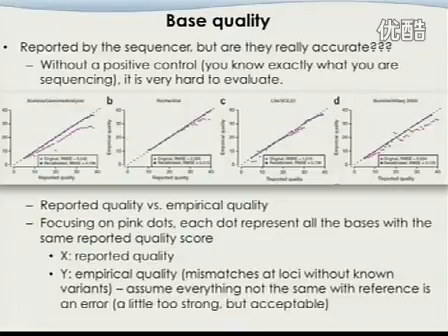How they really calculate the empirical quality is worth looking at a little bit. X in this figure is the reported quality, and Y is the empirical quality, which is the mismatch rate at the loci without known variants. So for a region that is not in dbSNP, where we know there are no reported variants, if there is a mismatch, people consider that a sequencing error, which is a little bit stringent.